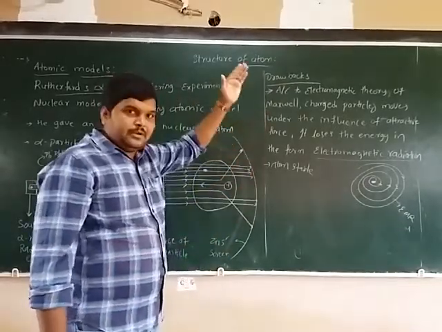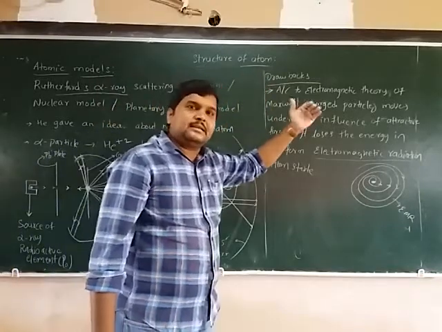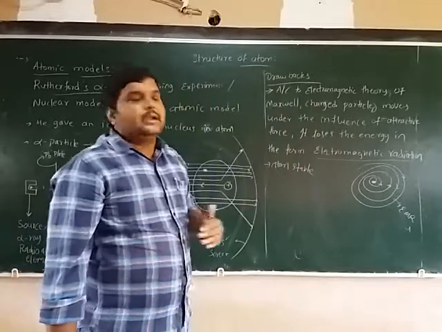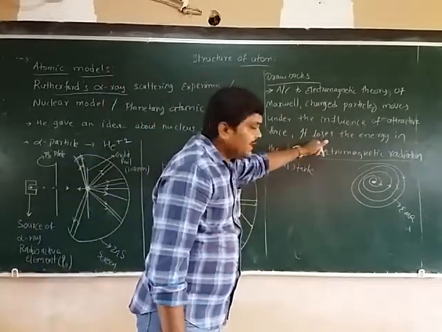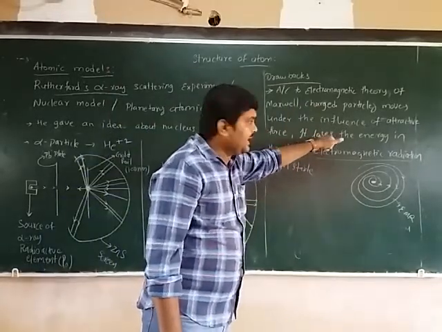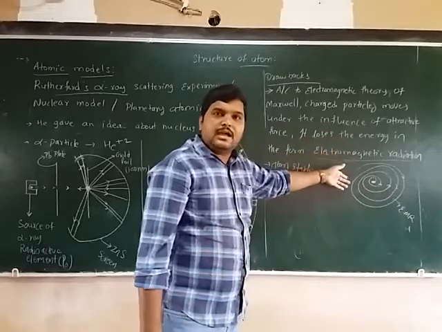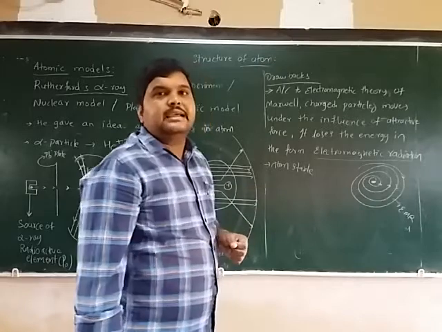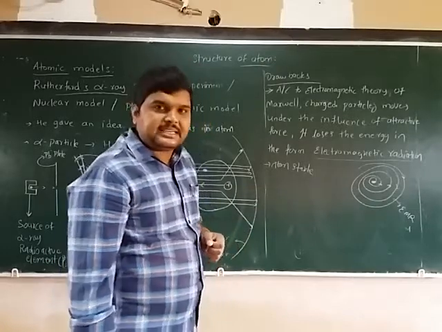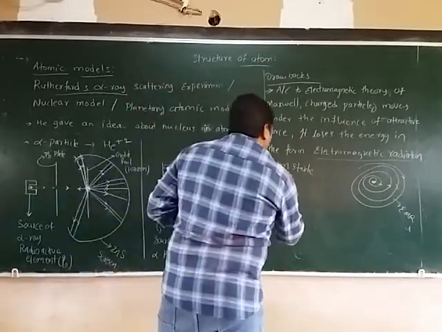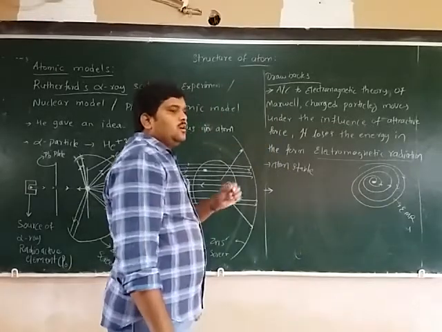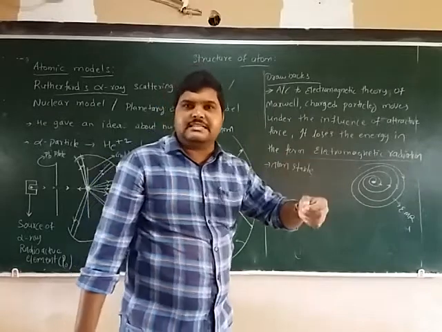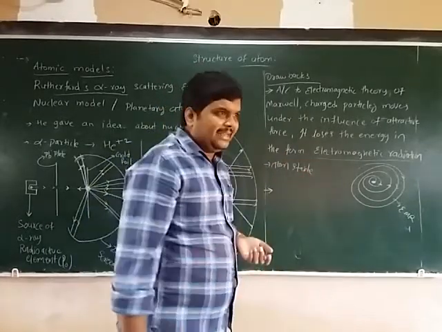First thing, when an object moving in nature under attractive interactions has to lose energy, it has to lose energy in the form of electromagnetic radiation. But this is not observed in Rutherford's alpha ray scattering experiment. And one more thing. When the electron revolves around the nucleus, it has to lose energy in the form of electromagnetic radiation.